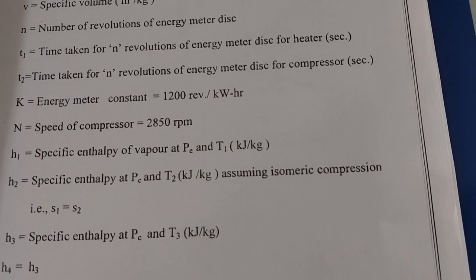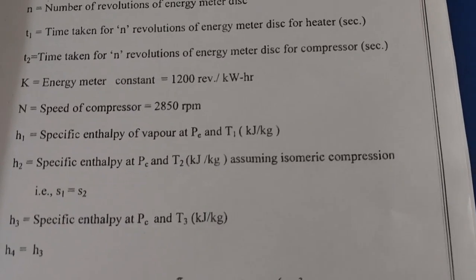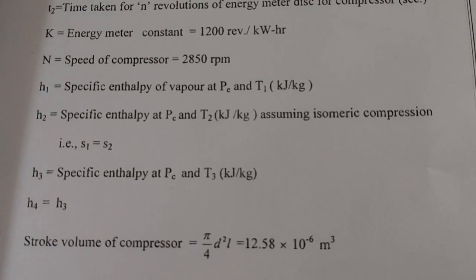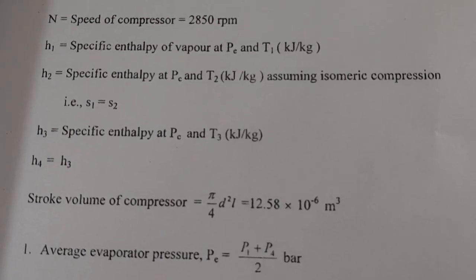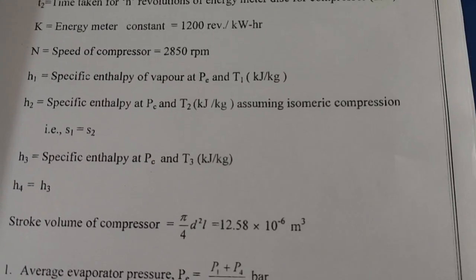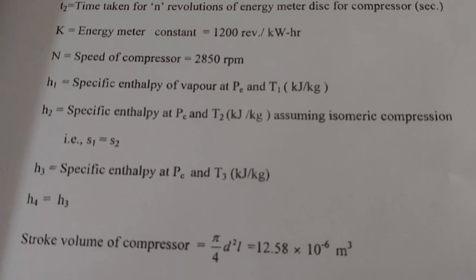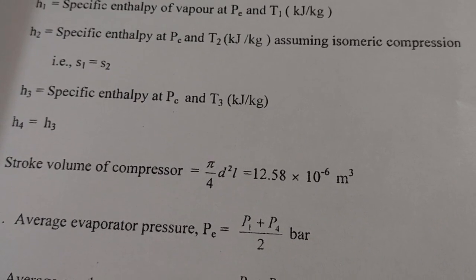K is the energy meter constant, which is 1200 revolutions per kilowatt hour. Capital N is the speed of the compressor, which is 2850 rpm. H1 is the specific enthalpy of vapor, so corresponding to PE and T1 you can take the value of H1. H2 is the specific enthalpy at PC and T2, assuming an isentropic compression process.